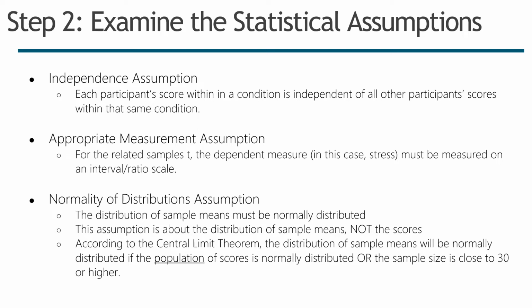Now we know that the data are not independent between conditions because it's the same people measured twice. That's not the assumption. The assumption is that within conditions, each person's responses are independent of everybody else's. Everybody responds in their own way without talking with each other, looking at each other's work, or something like that.